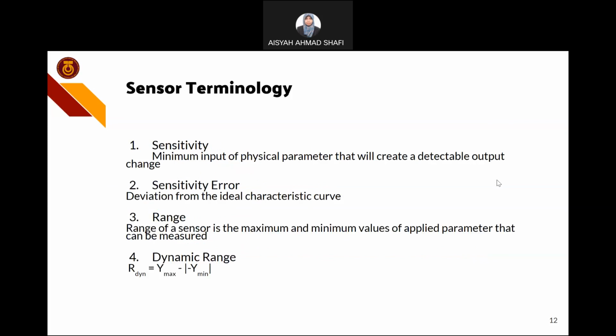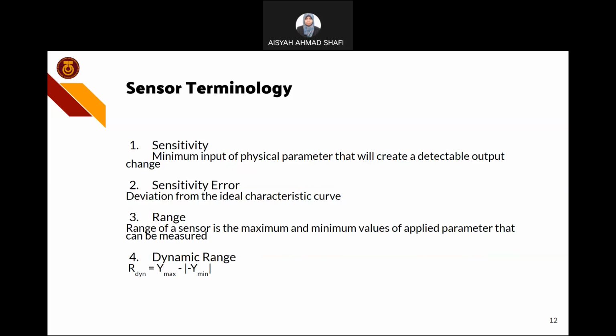Okay, so several terminologies related to the sensor. First of all is sensitivity, which is the minimum input of a physical parameter that will create a detectable output change. For example, for the thermometer, what is the minimum input that will create a detectable output?